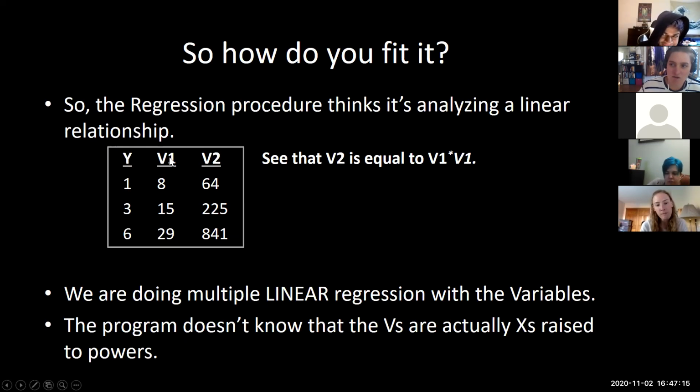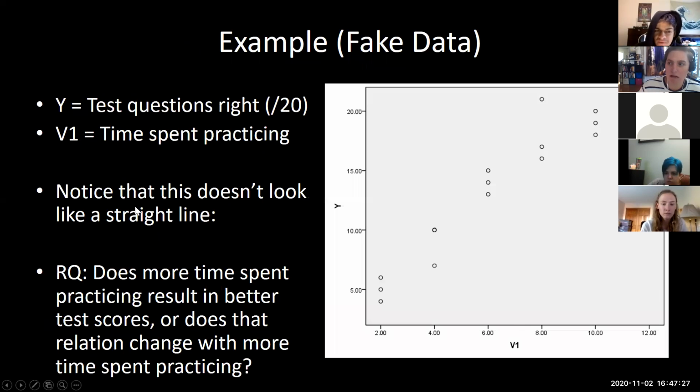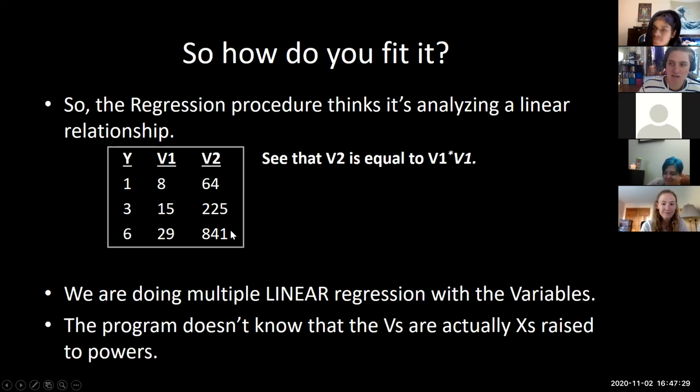So if your variable 1 was 8, your variable 1 squared is 64. If it was 15, it's now 225. That's it. I'm just squaring numbers. Does that make sense? This is your original data. This is your new data. So we do multiple linear regression with the variables, and you are just tricking the program.